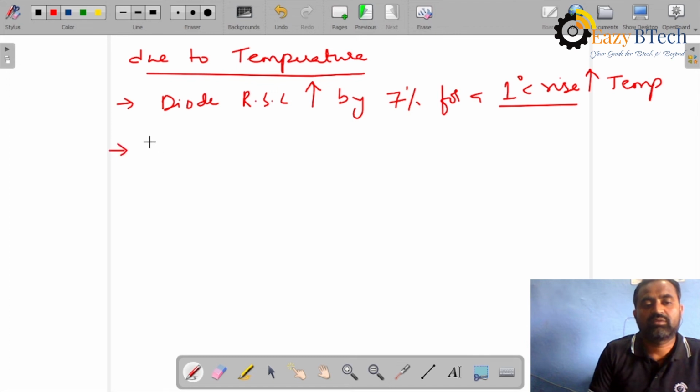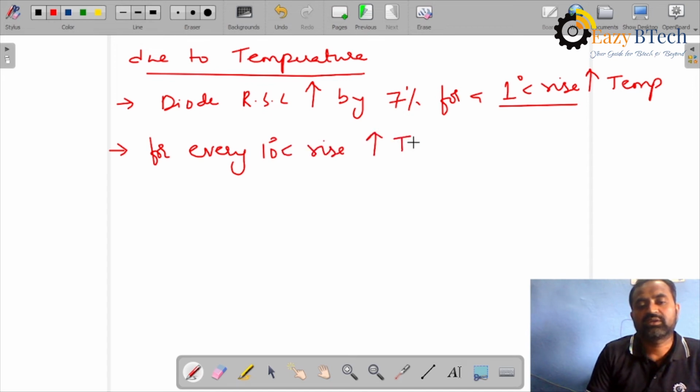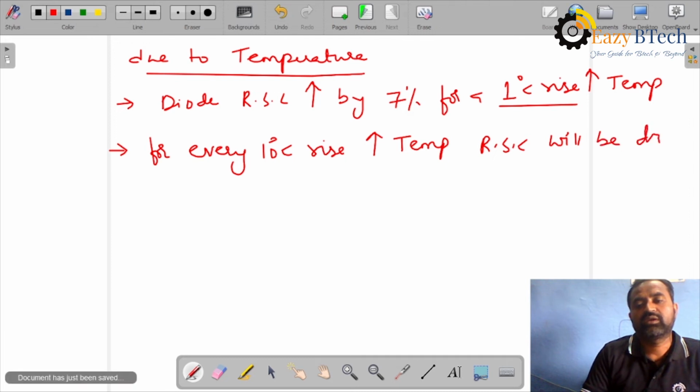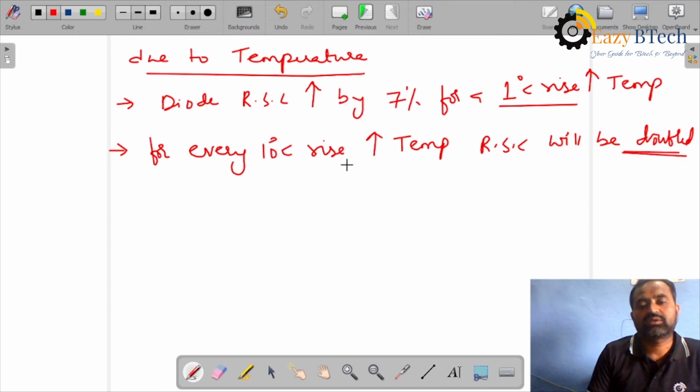Next, for every 10 degree rise in temperature, the reverse saturation current will be doubled. This I naught becomes 2 I naught.